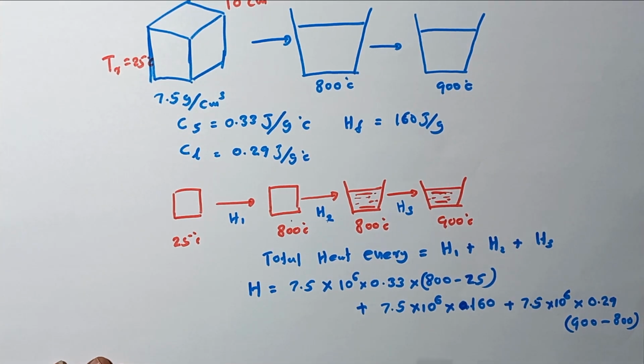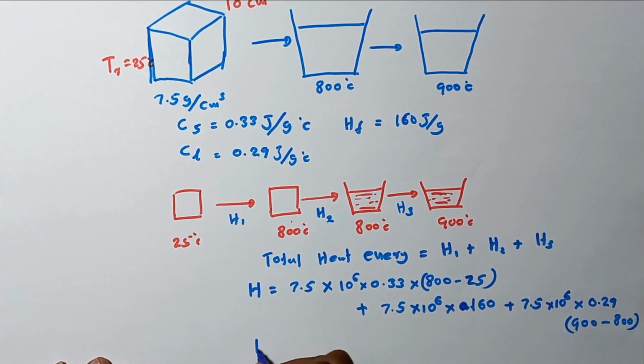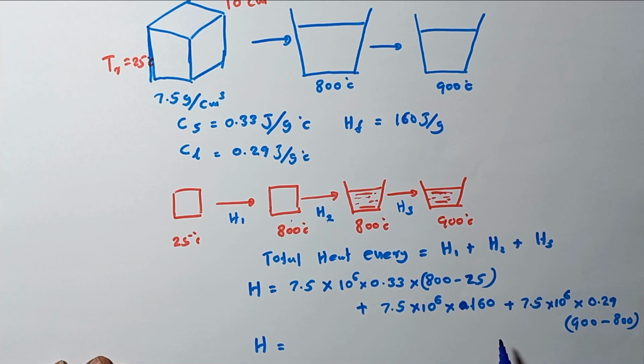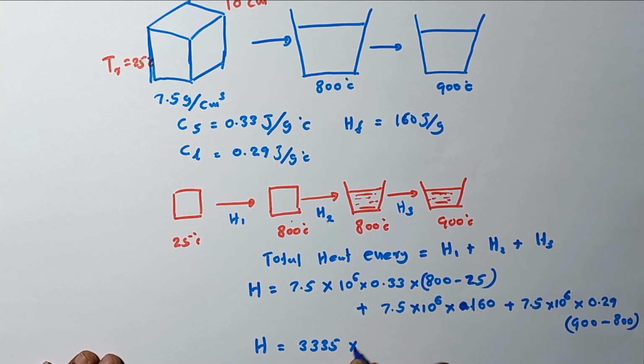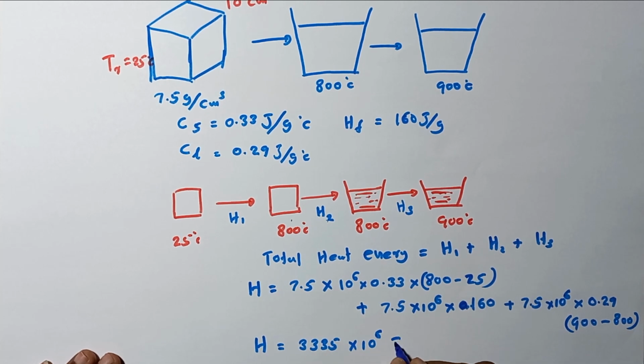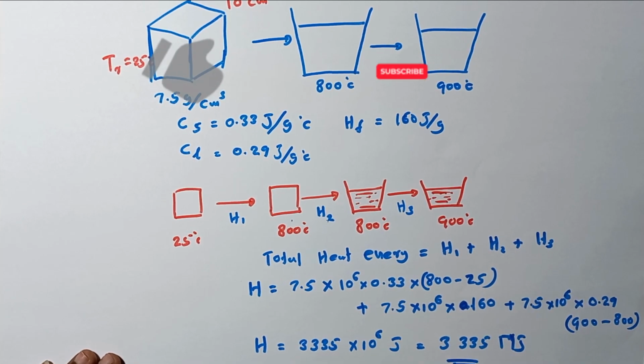By simplifying this equation, we are able to calculate H, the total heat energy required in joules. That value is equal to 3335 into 10 to the power of 6 joules, which is 3335 megajoules. Okay.